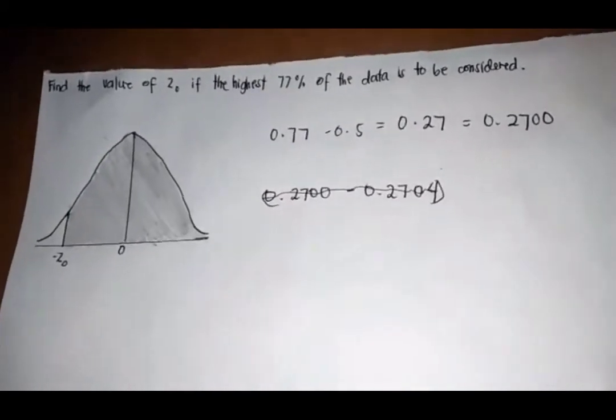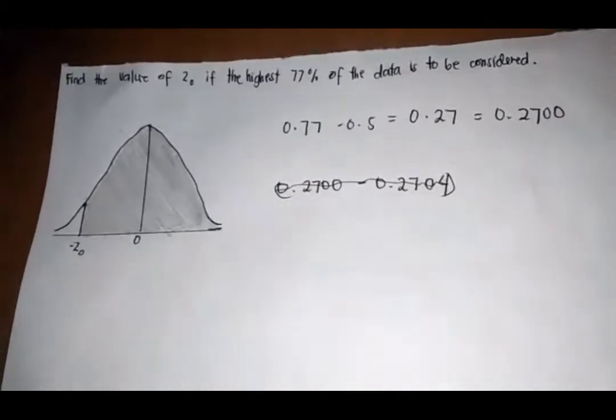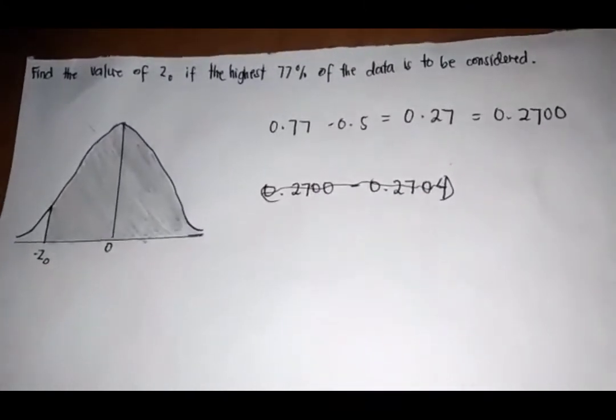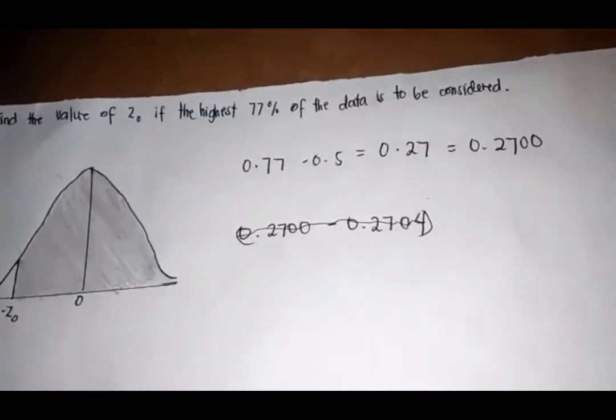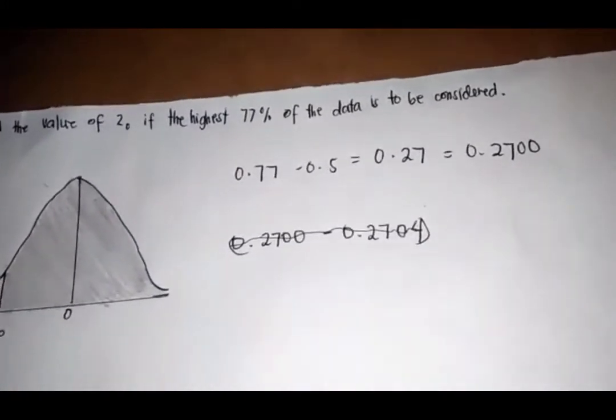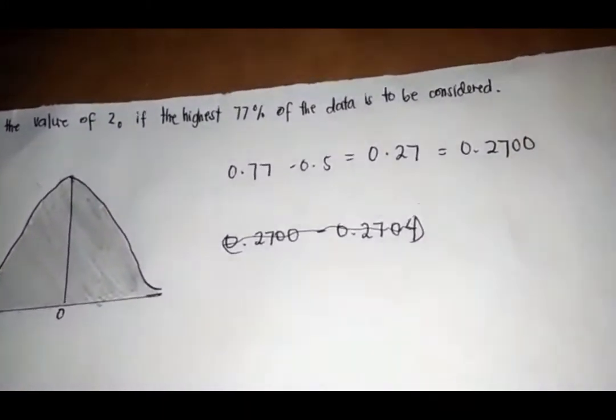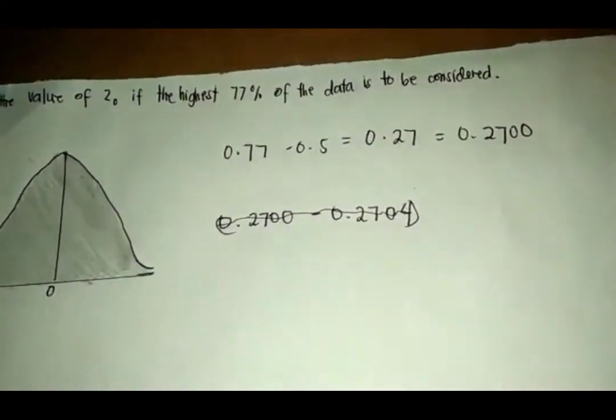To get the z-score, we'll subtract 0.5 from 0.77. So 0.77 minus 0.5 is equal to 0.27, or 0.2700.